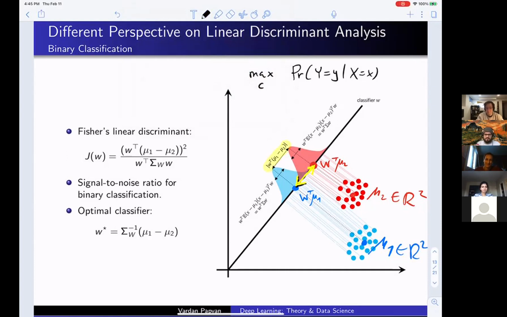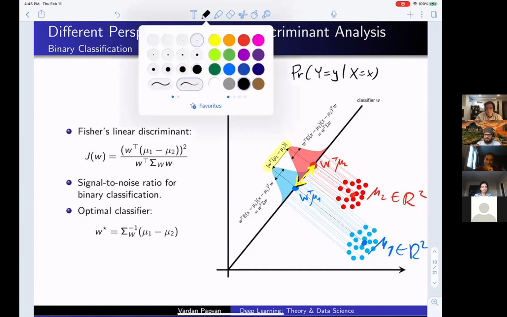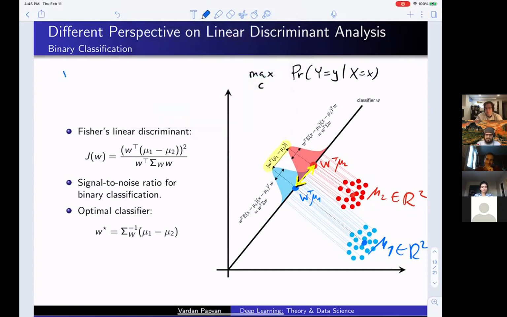So maybe I can write it in a very simple equation: W transpose multiplied by X, and assume that X is in class 1.